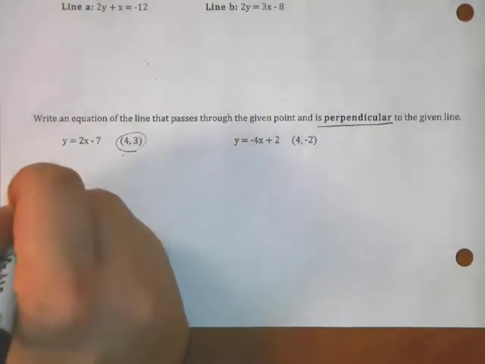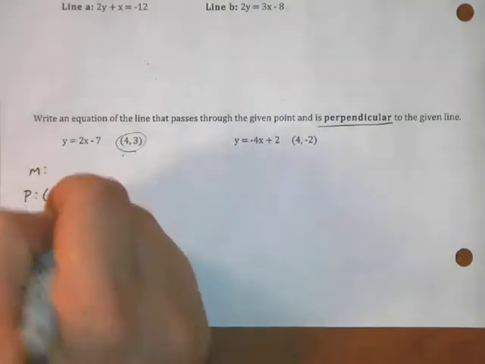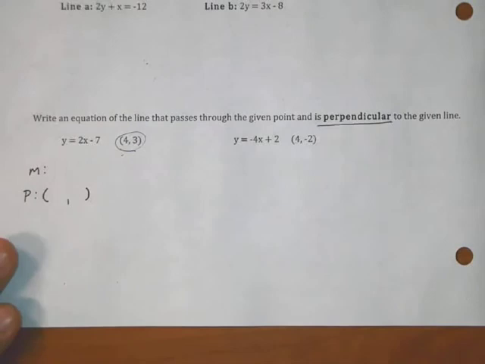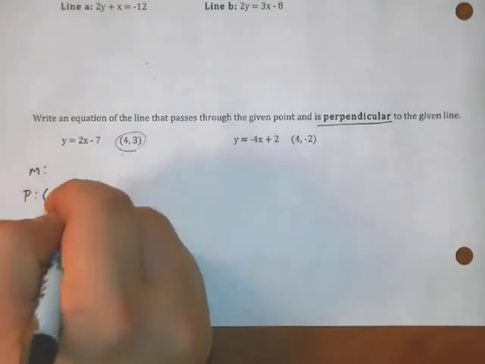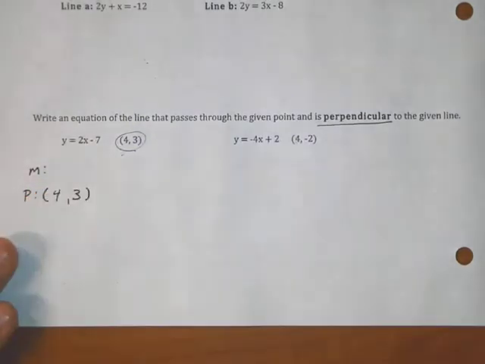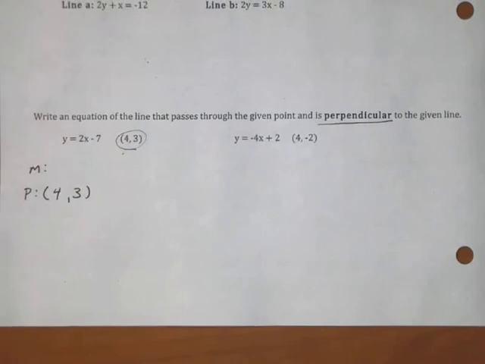But we still want to get a point that's on our line. Well, one of those two things is pretty evident. What's a point that's going to be on the line we're going to write an equation of? We're definitely going to use the point (4, 3). We need to find the slope of this line, though.